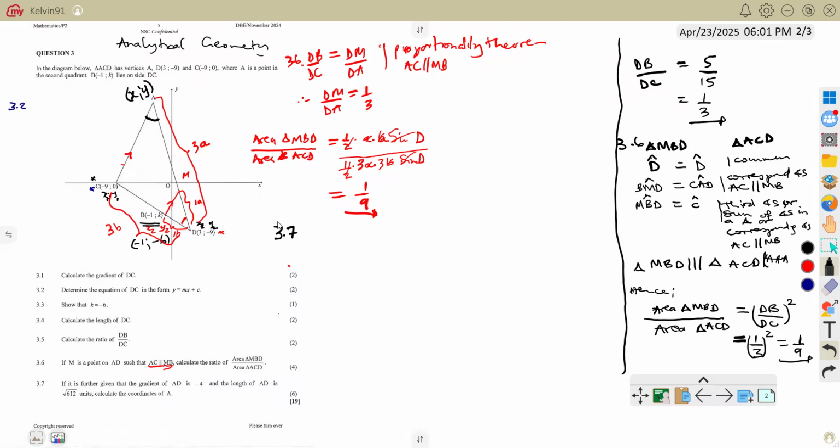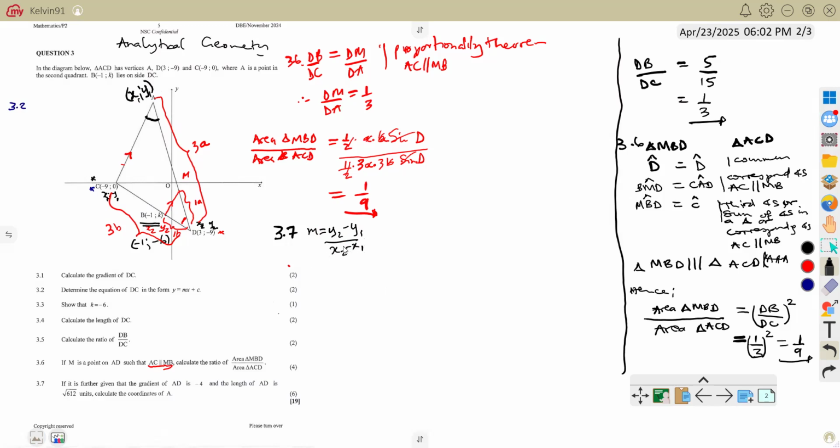We need the formula for gradient, so you copy it from your formula sheet. Gradient is equal to y2 minus y1 all over x2 minus x1. We can take this one as our y2 and x2, then this one becomes our x1 and y1.